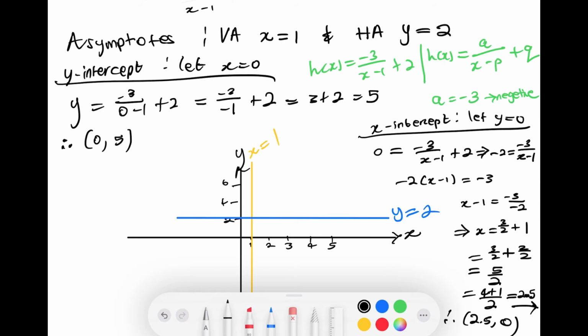Now, let's plot them. The x-intercept is here, the y-intercept is 5. Great. Do you notice that this gives us a very useful hint that our graph is in the second and fourth quadrants, and we can draw the graph now.